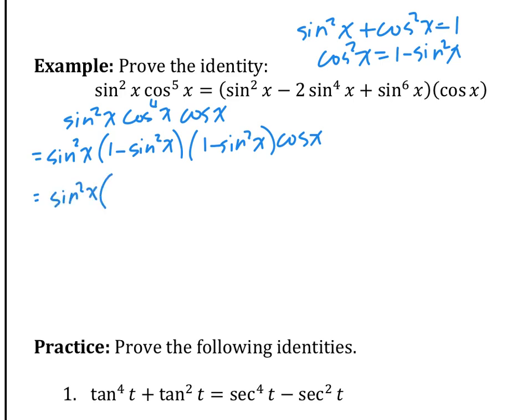So this is where you want to just use your foiling skills really quickly in your head. If you can't see it, this is basically 1 minus x squared times 1 minus x squared. So just foil in your head, square the first term, square the last term. That's going to give me a plus sine to the 4th.